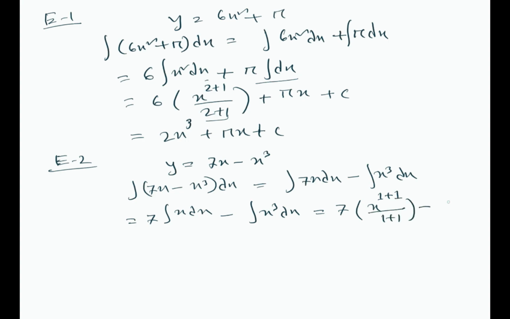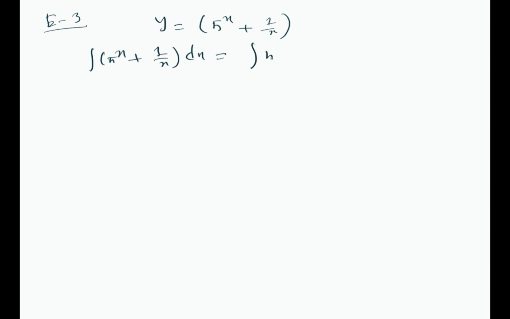Okay, then minus x to the power, we have a 3, so 3 plus 1 divided by 3 plus 1, and then add a c. Then we can simplify it a little further. 1 plus 1, we have 2, so 7 divided by 2 x to the power 2. Then we have x to the power 3 plus 1 equal to 4, divided by 4, then plus c. So this is the answer for this question.